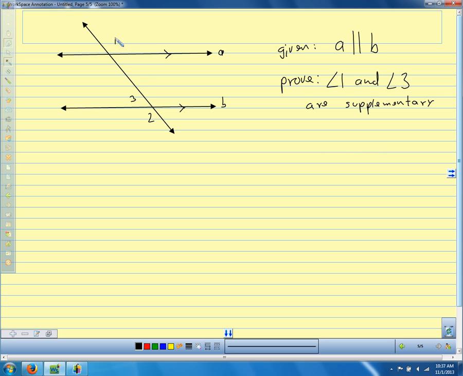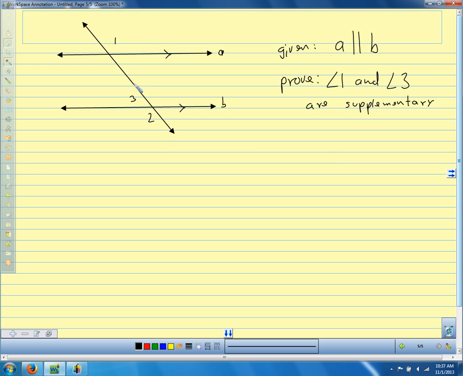So we don't have a special name for those two kinds of angles, or we're going to prove that they're supplementary. So let me sketch out how we're going to do our proof.